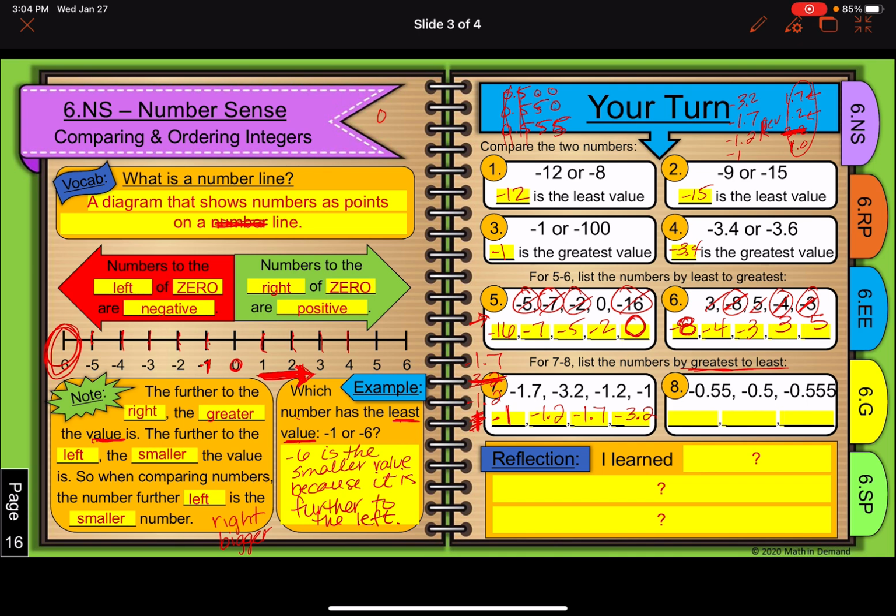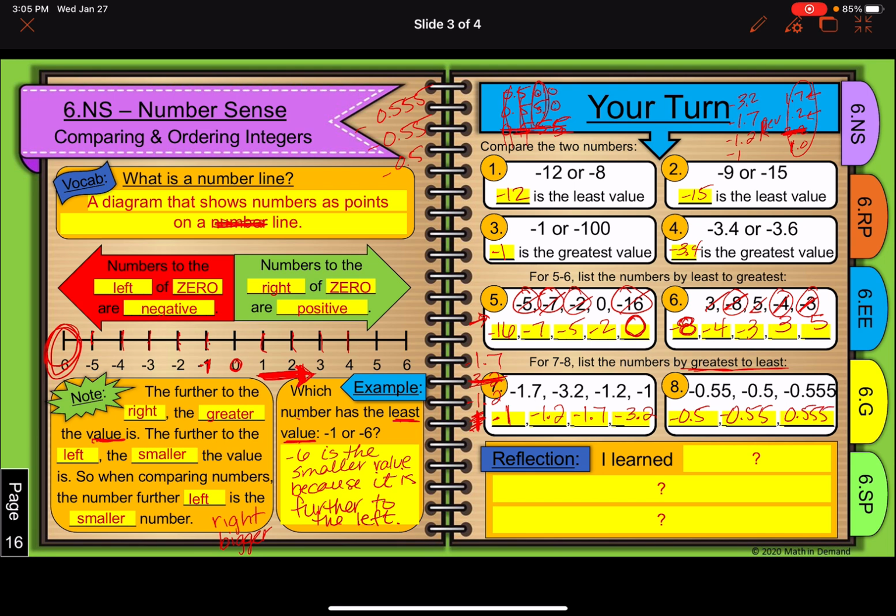So in positive world, 0 and 555 thousandths is my biggest. Then it's going to be 0 and 55 hundredths, because there's a 5 here where the other one has a 0. And then 0 and 5/10. But because it's negative world, it's actually going to reverse in order.